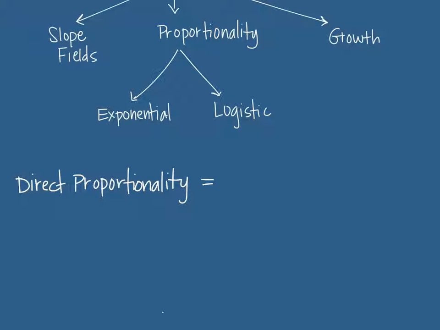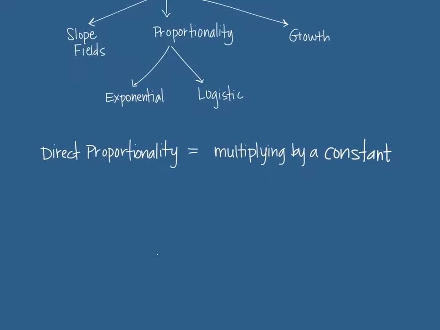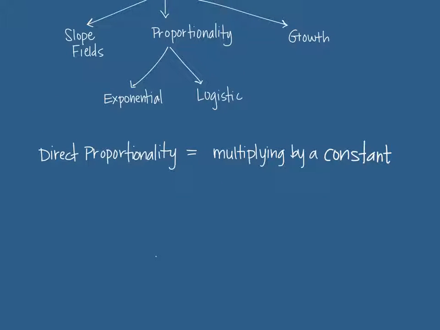Direct proportionality is multiplying by a constant. We say you are twice as smart as you were yesterday, whatever, okay? So that's directly proportional. The two are related by a multiplier. So it's some kind of multiplier.